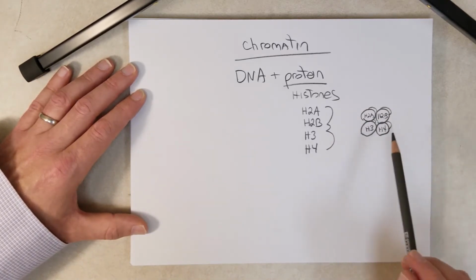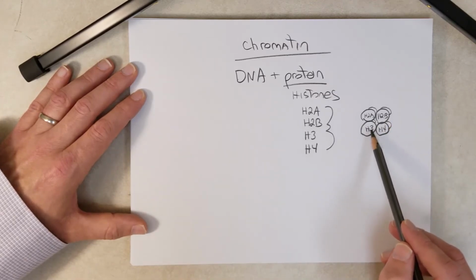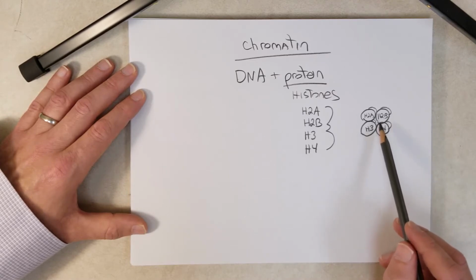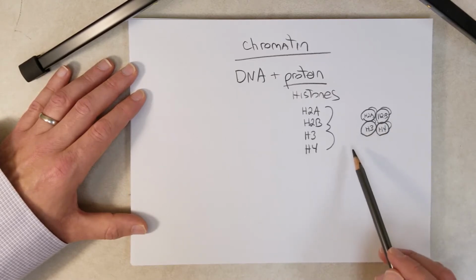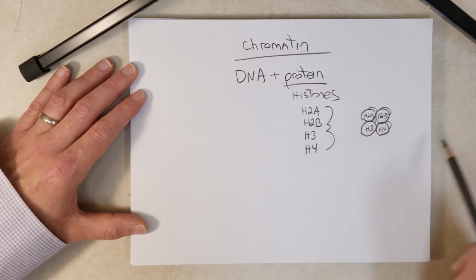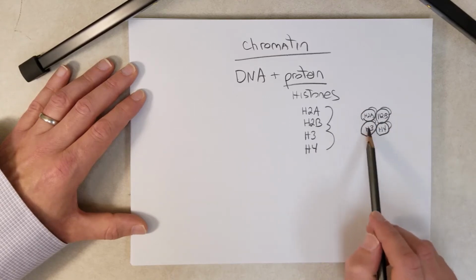You'll see when we talk about centromeres that this H3 is switched out for a special histone type found at centromeres. But we don't need to worry about that for now. We just need to worry about the standard octamer.